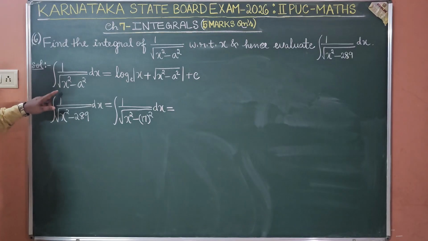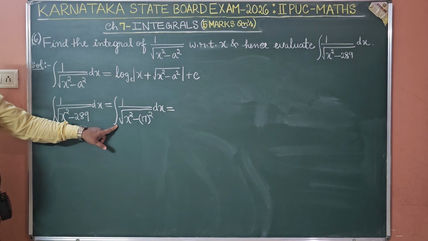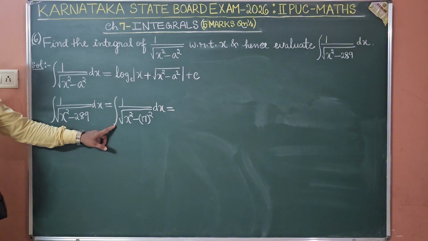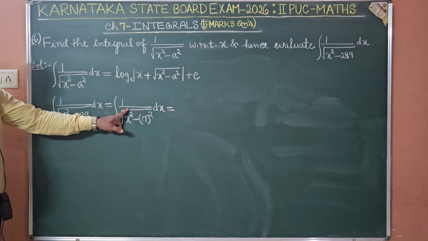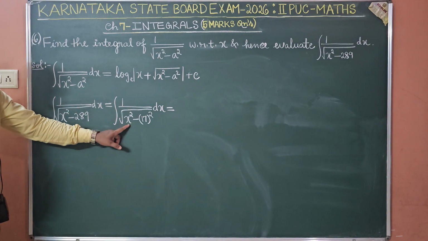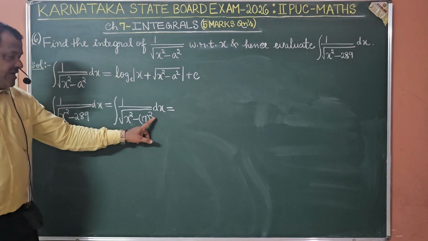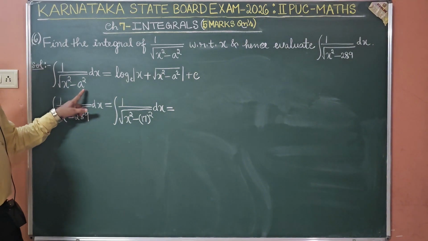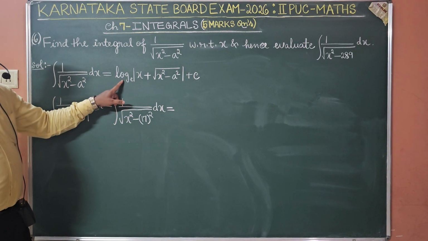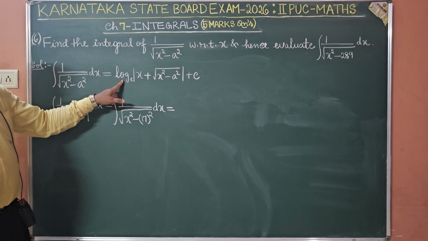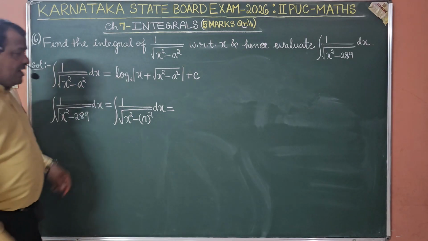So therefore please compare this standard integral with this question. Integration symbol as it is, 1 over ratio as it is, square root as it is, and first we have x square, minus in the middle as it is. In place of a square we have 17 square. Therefore small letter a is 17. Therefore where there is small letter a on the right hand side, put a 17.